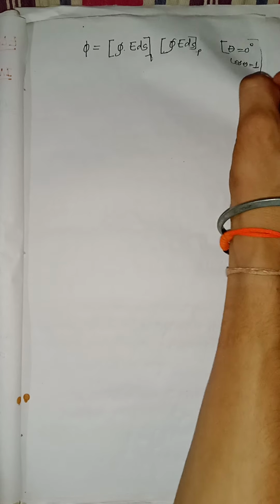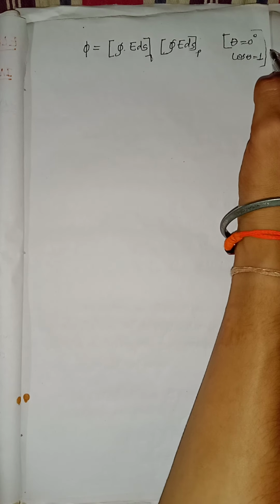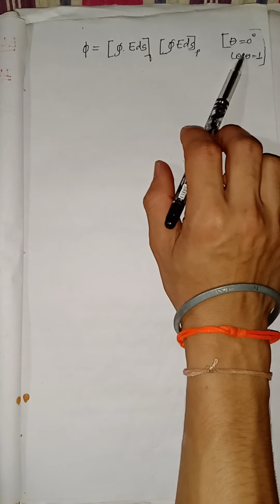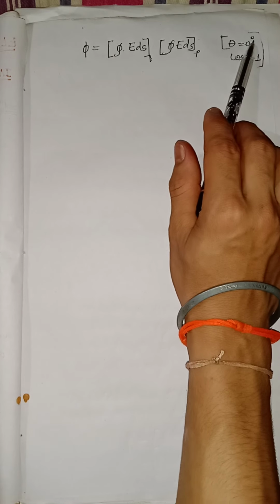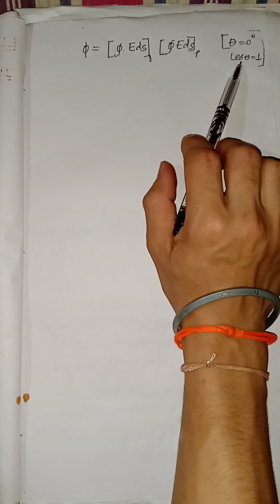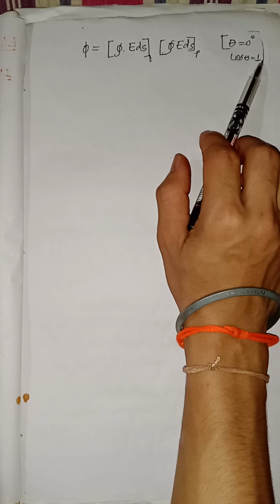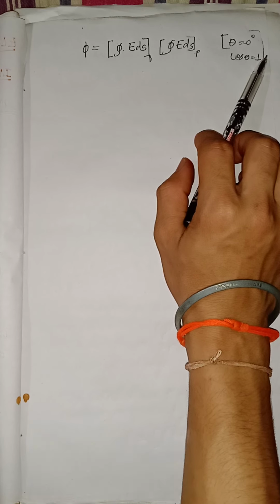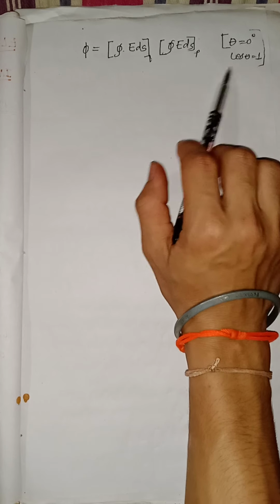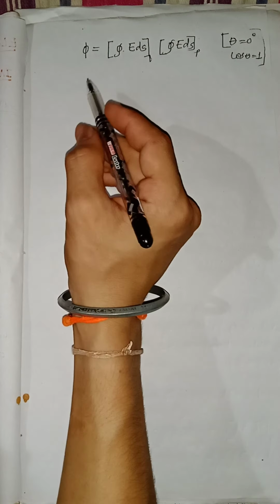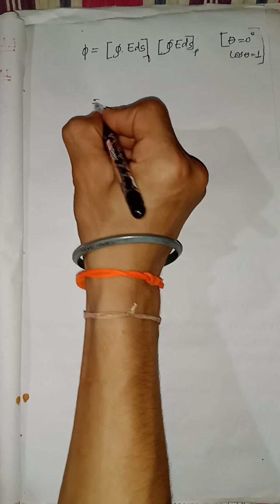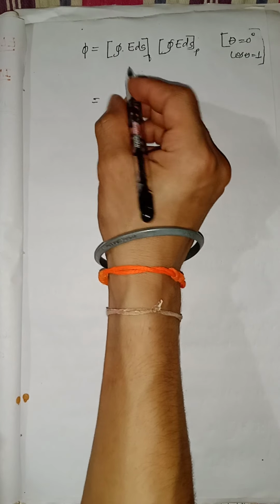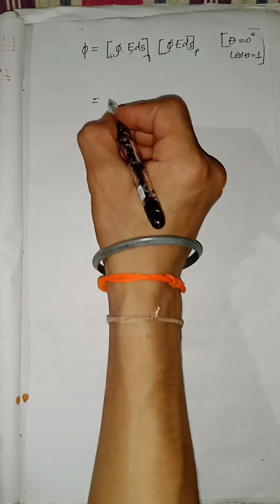Since the line is perpendicular, theta is equal to 0 degree, then cos theta is equal to 1. Since we have considered a plane sheet, theta is 0 degree and cos theta is 1.